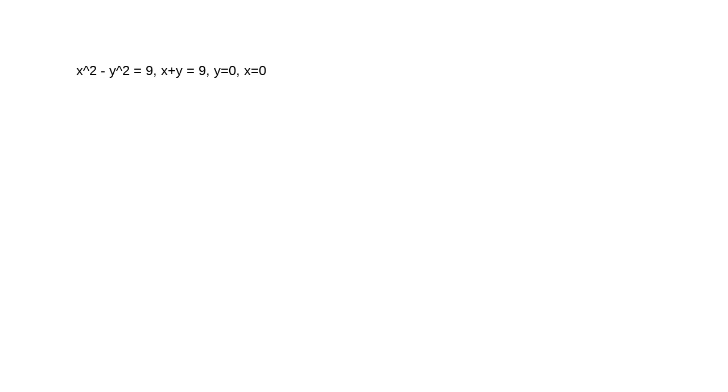Let's try to draw the picture first. X squared minus y squared minus 9. I think that's called a paraboloid. Anyone remember that? X squared minus y squared equals to 9 graph. I'm checking. I want to see the graph.